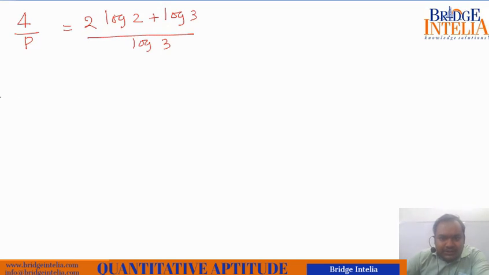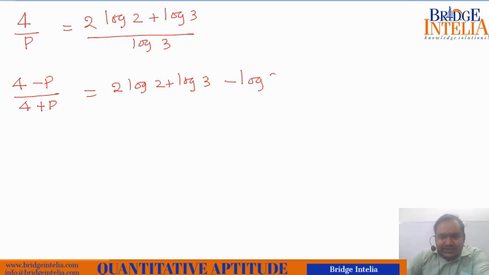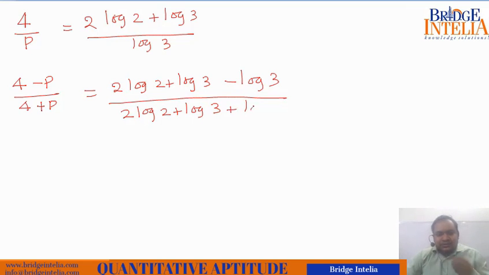Now apply componendo dividendo. 4 minus p by 4 plus p will be equal to, here this is numerator, this is denominator. So 2 log 2 plus log 3 minus log 3 whole divided by 2 log 2 plus log 3 plus log 3.